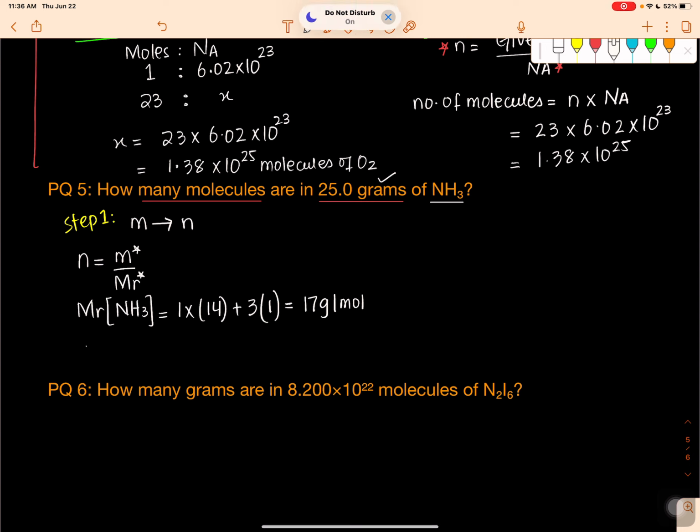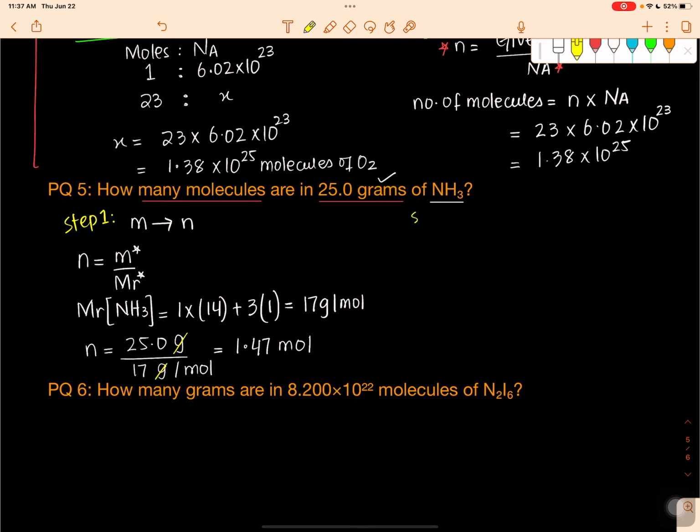So number of moles is equal to the given mass in grams, divided by 17 grams per mole. So what do we get? We get 1.47 moles. Since grams will be cancelled out by grams, we are just left with moles. So we have the number of moles.